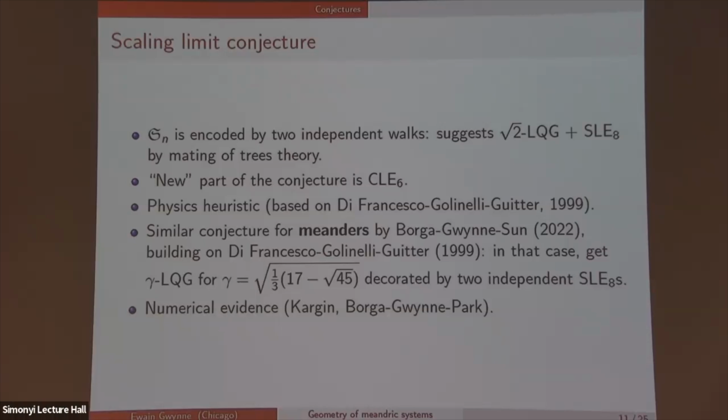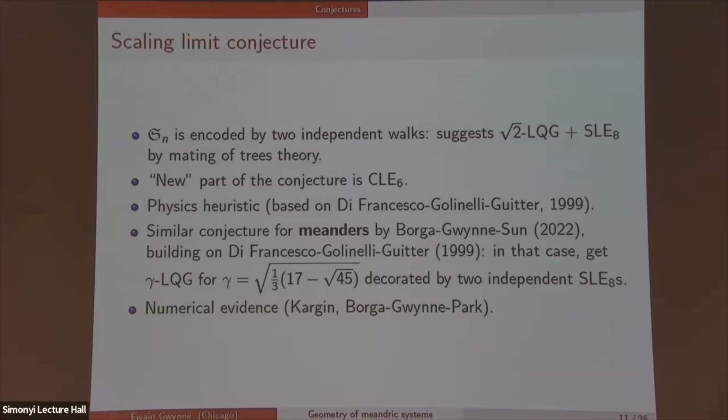So why do you conjecture this is still CLE6? Well, by mating of trees, you're going to have SLE kappa with a matched gamma LQG, and then you want the central charges of the SLE models on the planar map to add up to the central charge for the LQG.